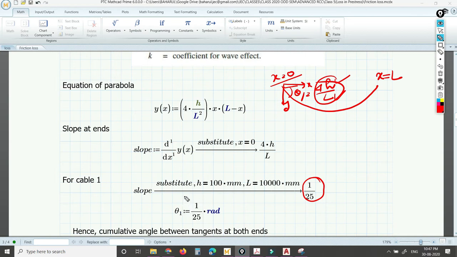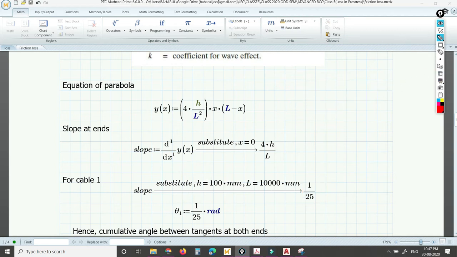Now the question is, what is the cumulative angle? Suppose this is the cable, this is the tangent. The angle the tangent is making with the base is theta 1. At the final position, the tangent is making the same angle theta 1.